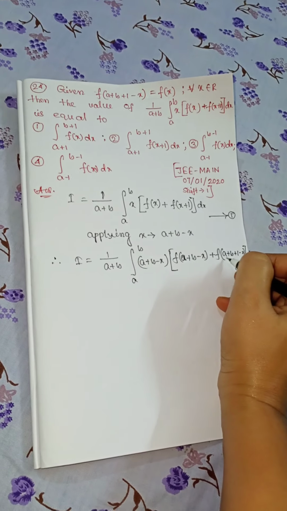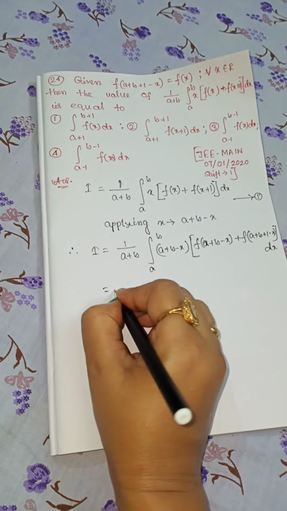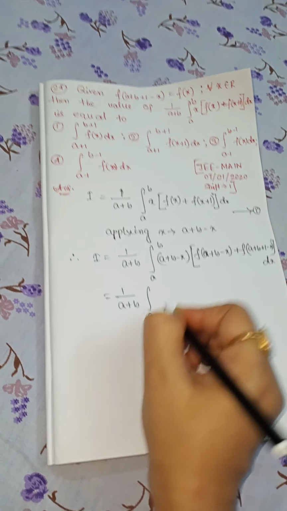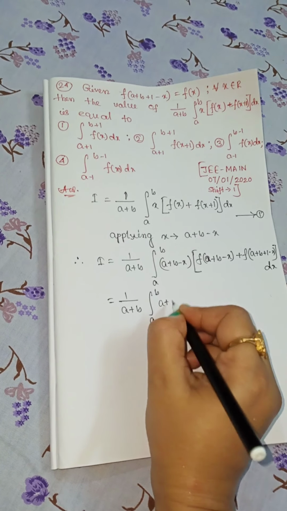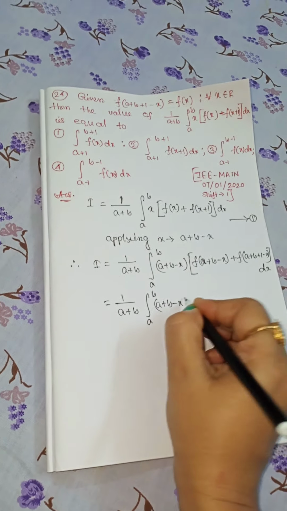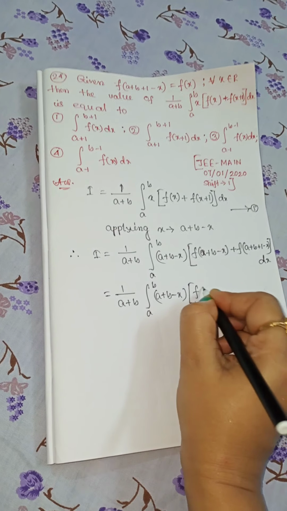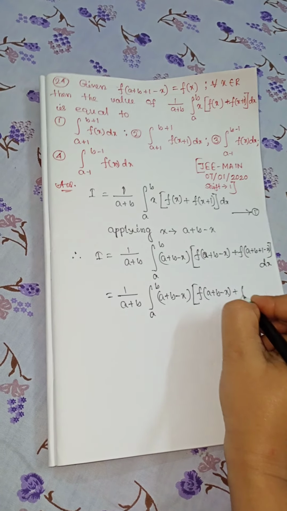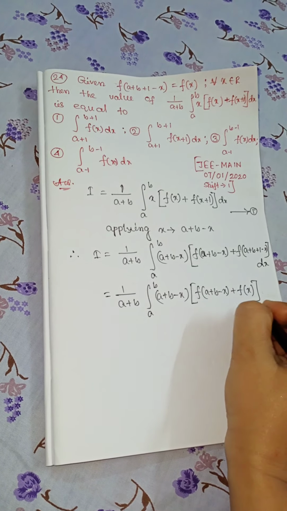Now we know f(a + b + 1 - x) is equal to f(x). Therefore 1/(a+b) integration of a to b (a + b - x) into f(a + b - x) plus f(x) dx.